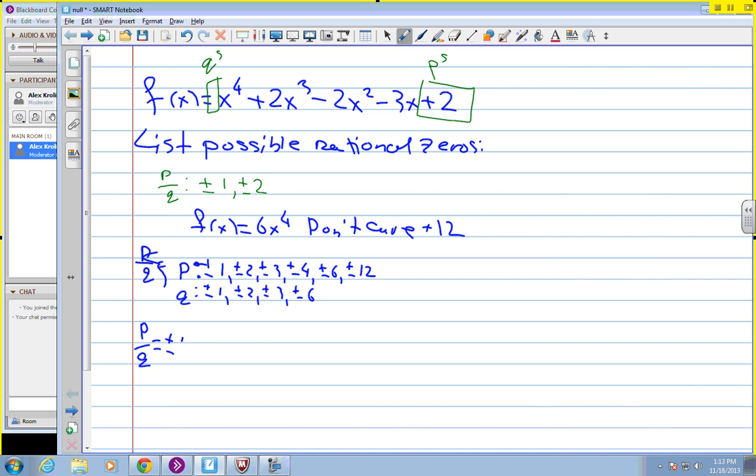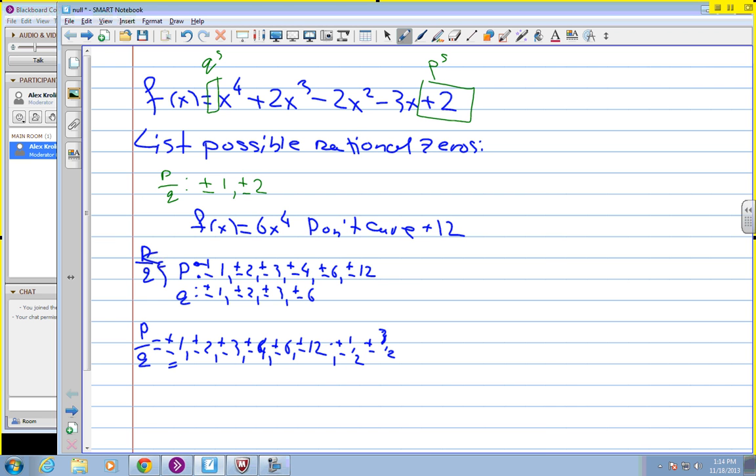So you just list plus or minus 1, plus or minus 2, plus or minus 3, plus or minus 4, plus or minus 6, plus or minus 12. So that's just when you're dividing by 1. Now when you start dividing by 2, plus or minus 1/2. 1 by 2 is 1/2. 2 by 2 is 1, I don't have to list that. 3 by 2, so plus or minus 3/2.